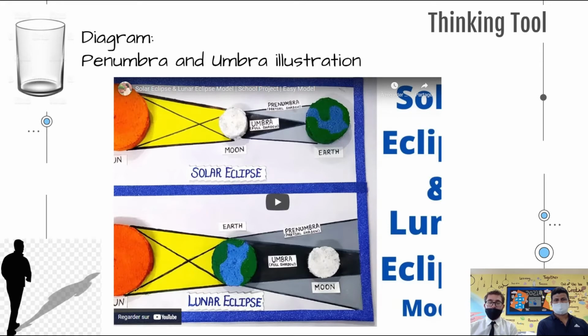So watch the video, and then you make a model about the solar and lunar eclipse with the penumbra and umbra. Okay, now in the last chapter, you had to make the 3D model or a flat model which was moving. Here, nothing has to move, but you have to show the umbra and the penumbra region.